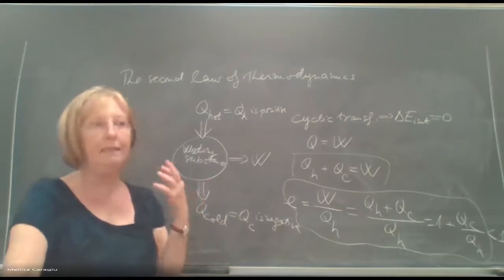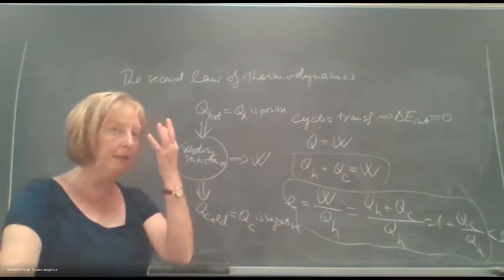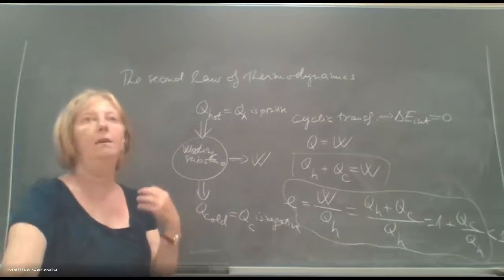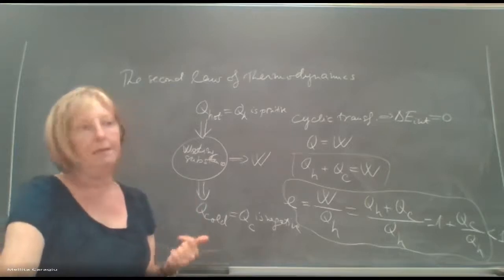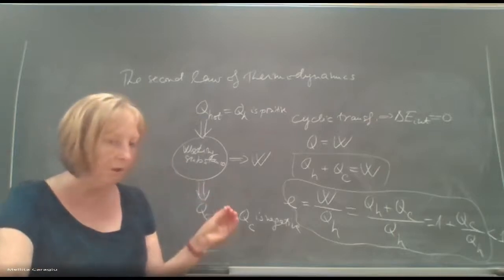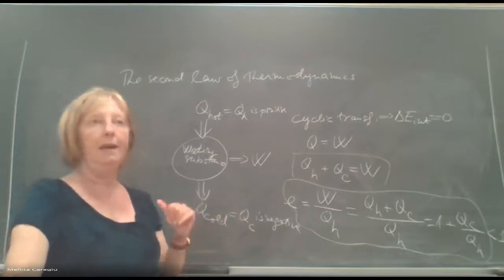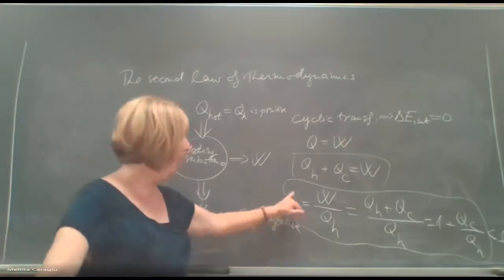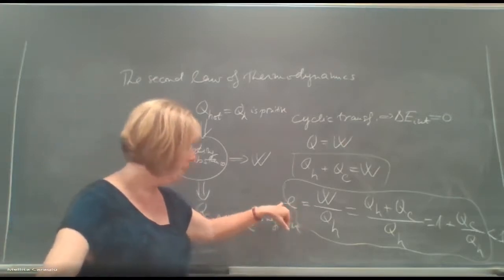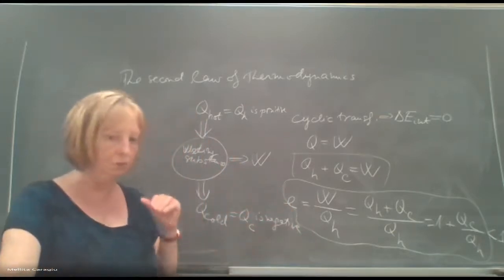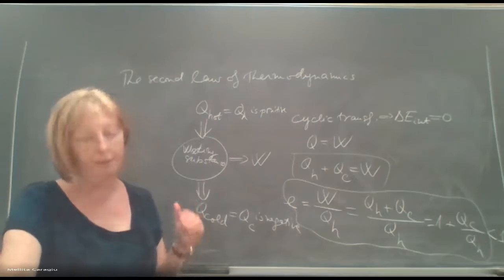But it is literally an imaginary situation. It cannot be made in reality. But the importance of that Carnot engine is that it establishes how much is the maximum efficiency that a real engine can obtain.